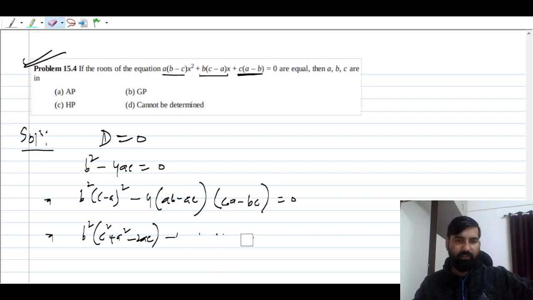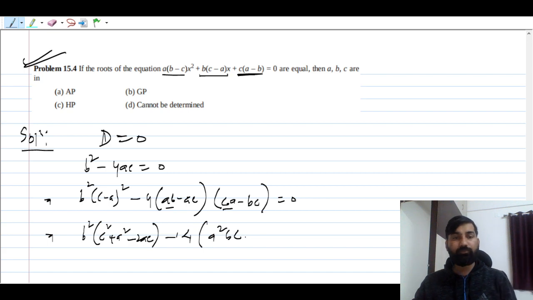Multiply this and this, it becomes a squared bc, a b squared c, minus a squared c squared, and then plus abc squared equal to 0.